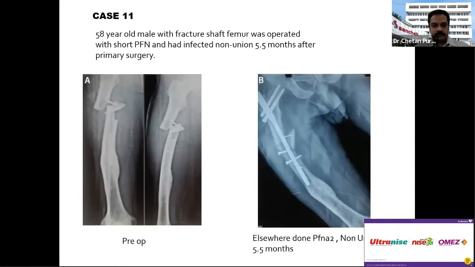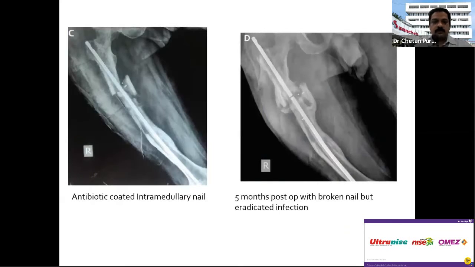Another case, this was done somewhere else. It was fixed with a short reconstruction nail, which was bound to fail for this fracture anatomy. And plus it was an open nailing. So we removed this and we put in an antibiotic cement nail. But at the subtrochanteric level, the nail was also not completely adequate for achieving union.